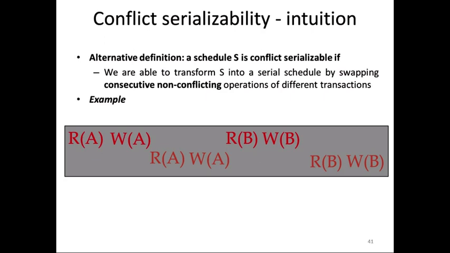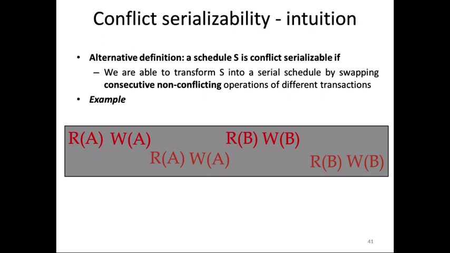We look at the schedule and we have an algorithm asking, can we transform it into a serial one by simply swapping at each step some two consecutive non-conflicting operations of different transactions. And so we can imagine a simple algorithm that would test conflict serializability simply by looking to swap such operations.